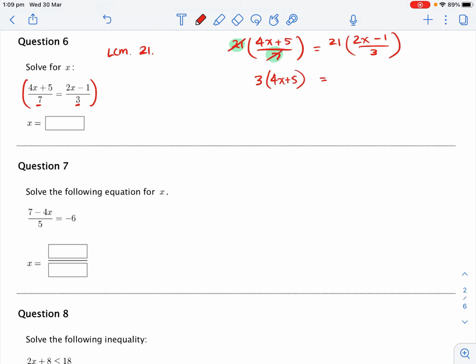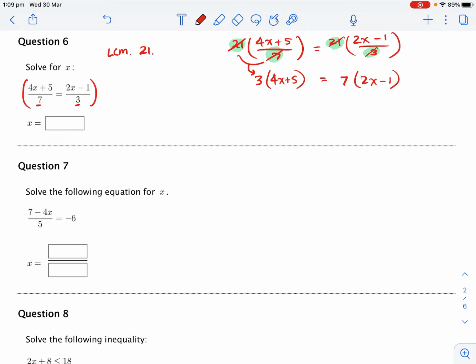So those two cancel each other out to become 3. On my right-hand side, those two cancel each other out, 21 divided by 3, to become 7. And I get rid of those denominators in that first step by multiplying by the lowest common multiple.